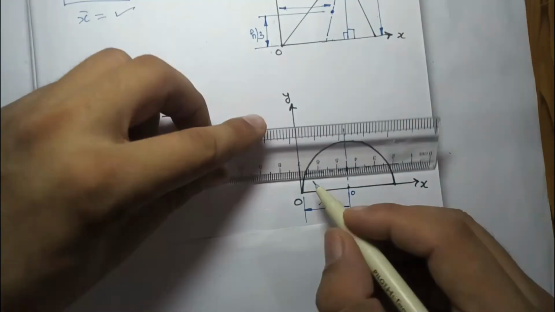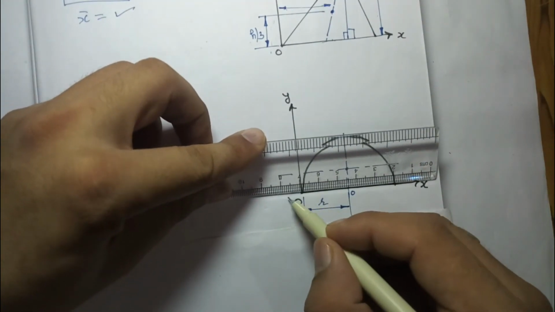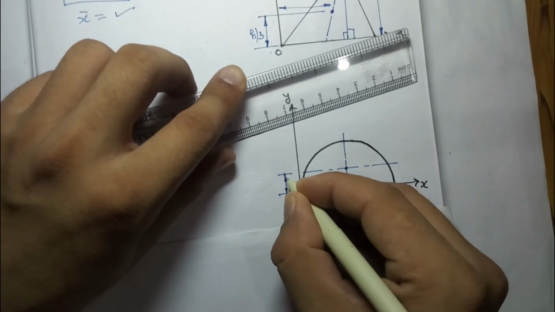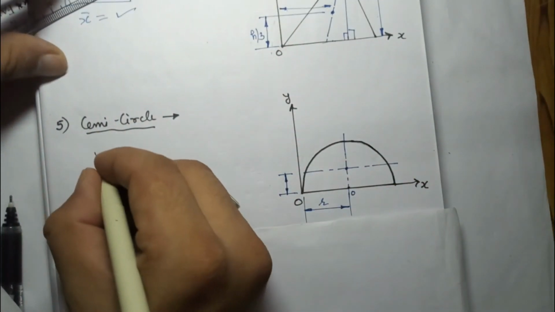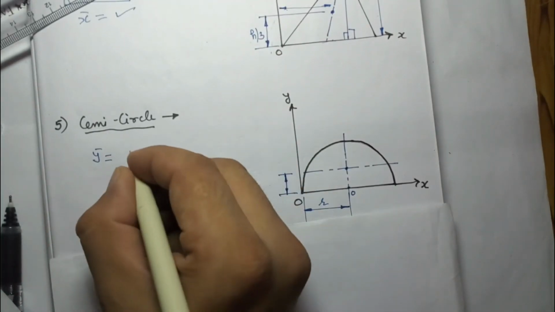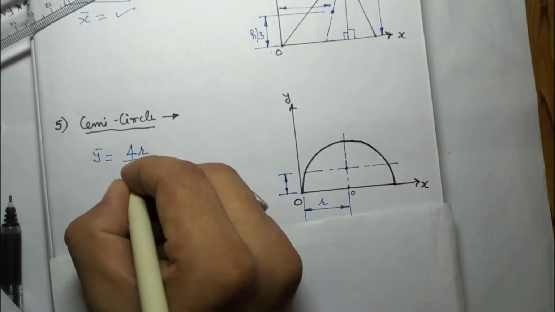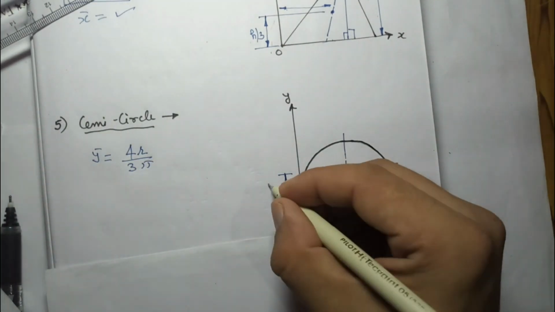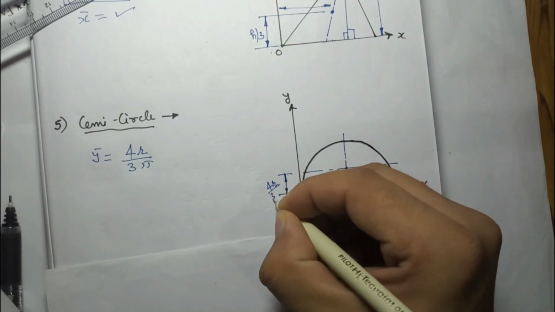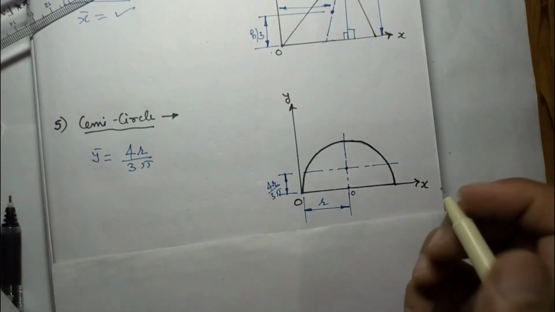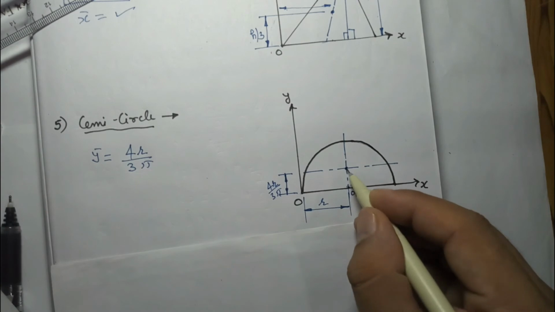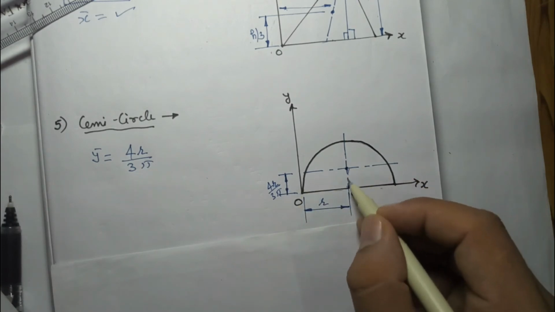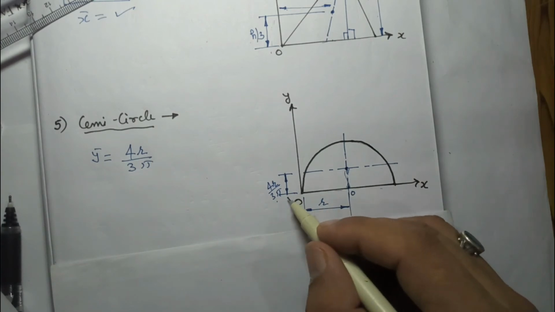And this distance is y bar. Remember, y bar is 4r by 3 pi. This is y bar, meaning this is the centroid. So this gap, in the direction of y from the x-axis, is y bar, equal to 4r by 3 pi.